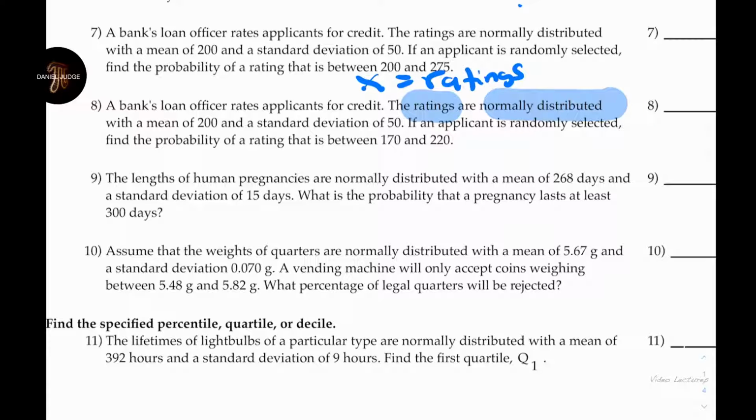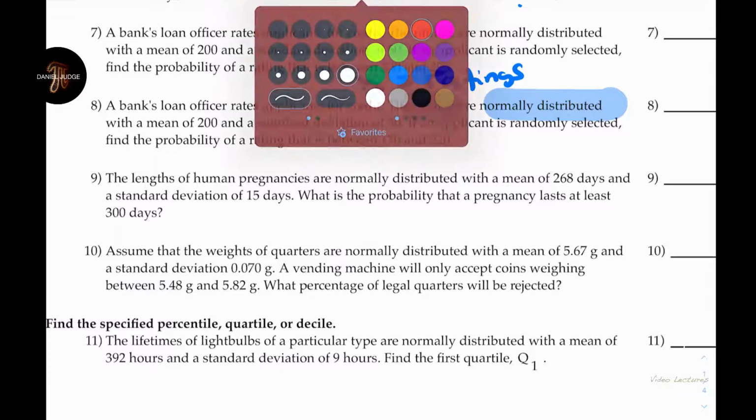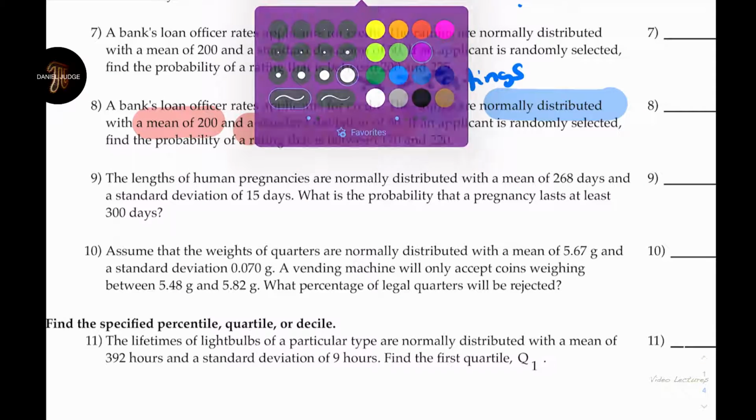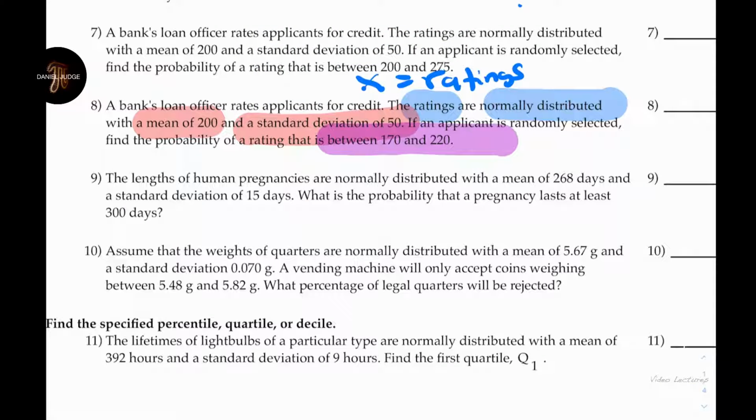Okay. But what are they asking now? Look at this. Has a mean of 200, standard deviation of 50, just like before in number 7. So if an applicant is randomly selected, find the probability the rating now is between. Okay. X is between these two numbers. This is what they're saying now.